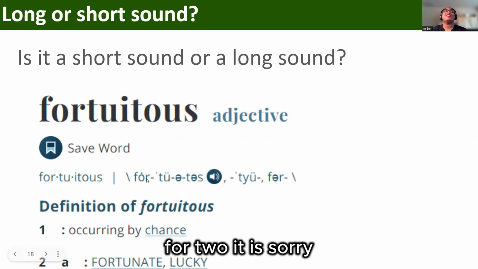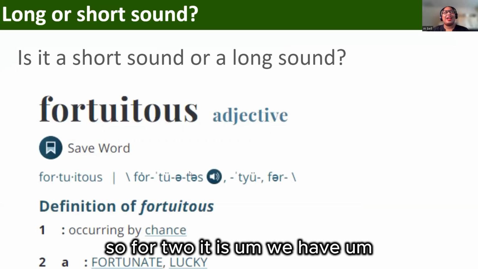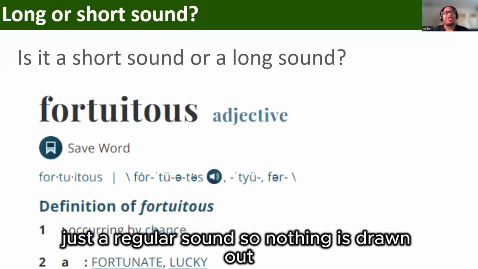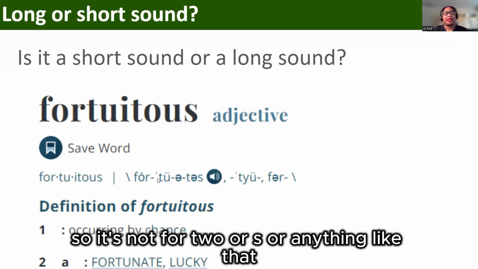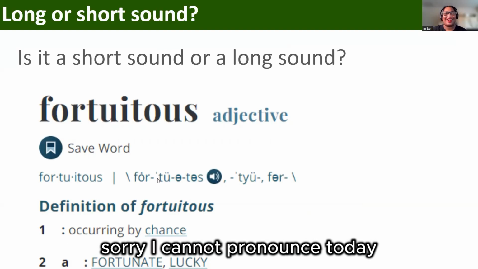Sorry, I can't speak today. With fortuitous, we have just a regular sound. Nothing is drawn out. So it's not drawn out or anything like that. It's fortuitous. Sorry, I cannot pronounce today.